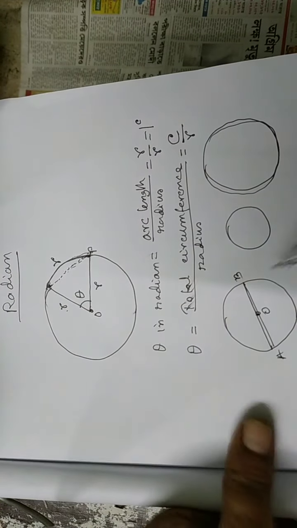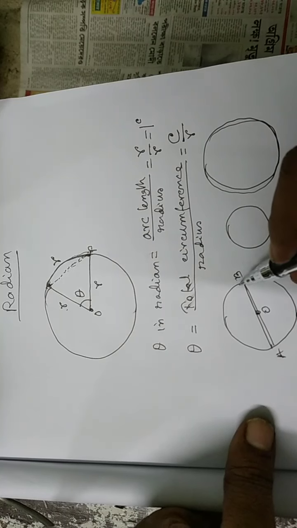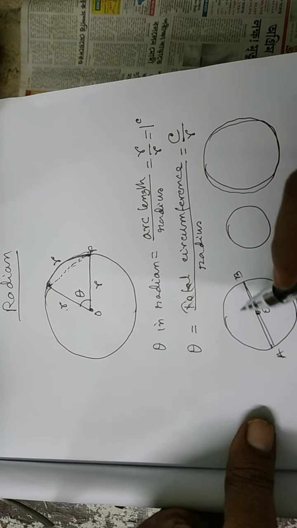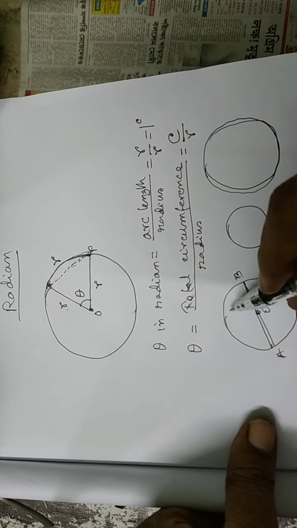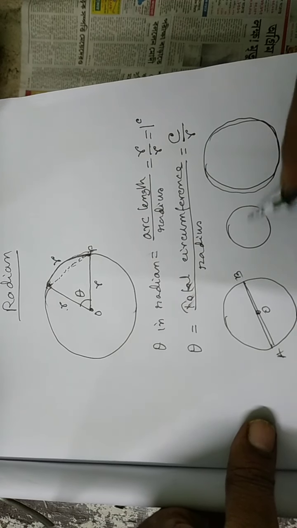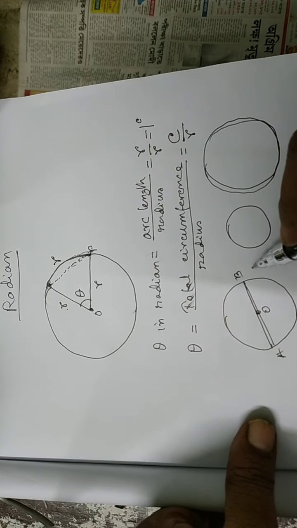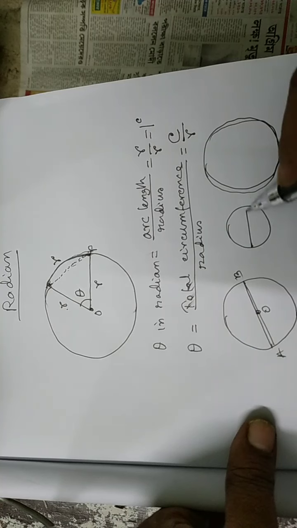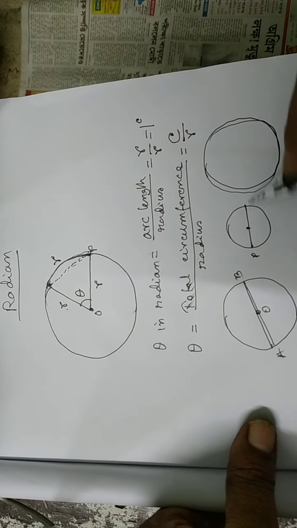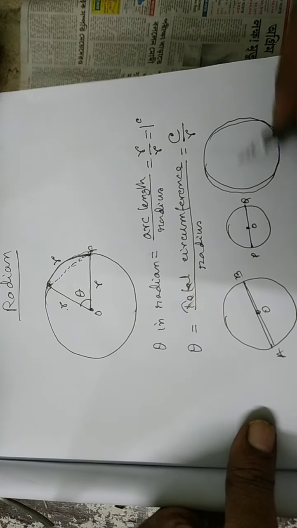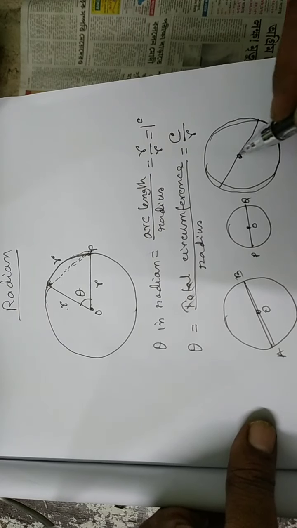When circumference length is divided by diameter, it always becomes constant. Suppose this is PQ, suppose this is MN.